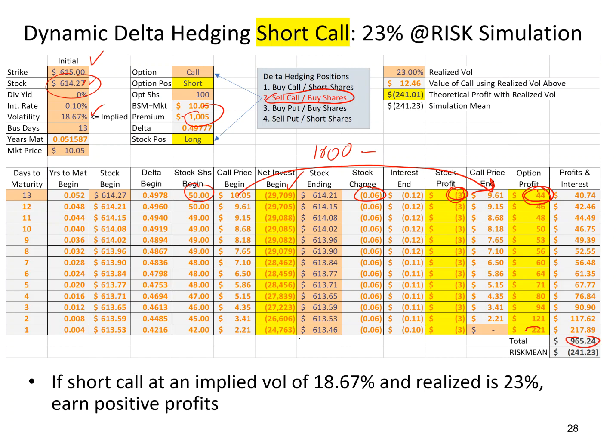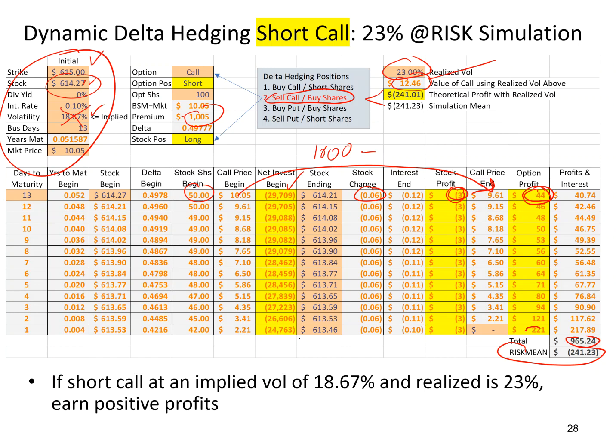I ran 10,000 iterations based on 23% vol, and what I found is the mean of that distribution is losing $241, which is exactly what I thought it would be. Let's talk about that. If I were to price this option not using the 18.67 implied vol, but my GARCH estimate of 23, I would have thought this option is worth $12.46.